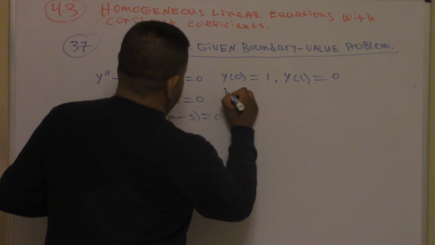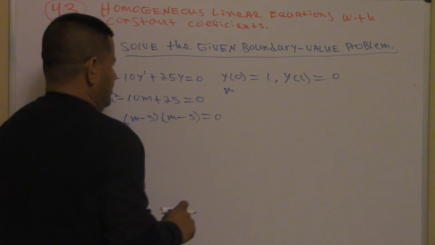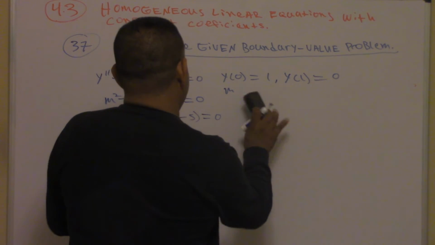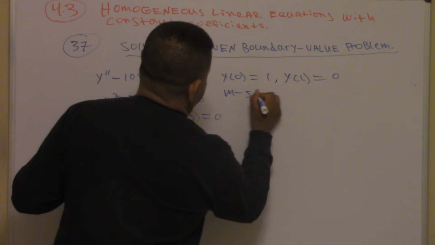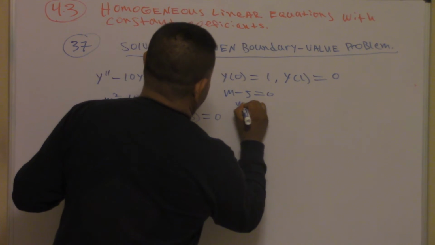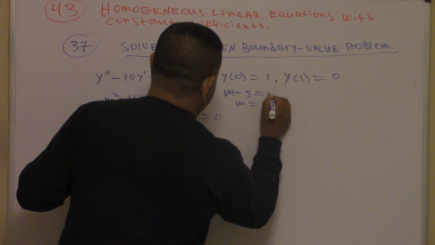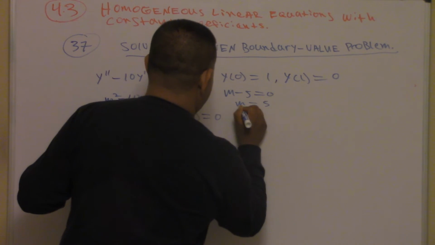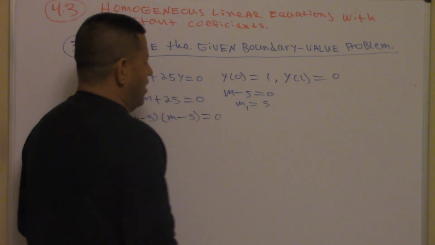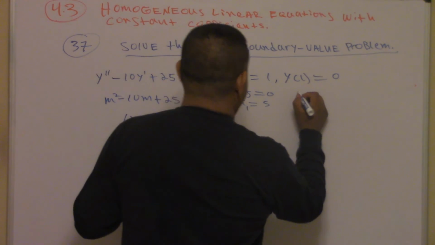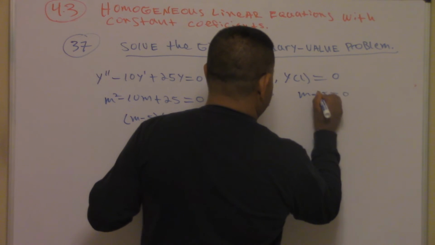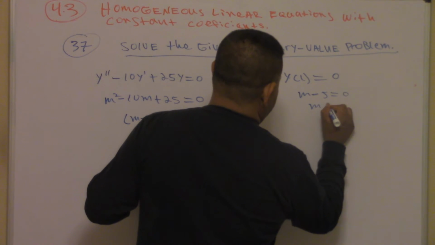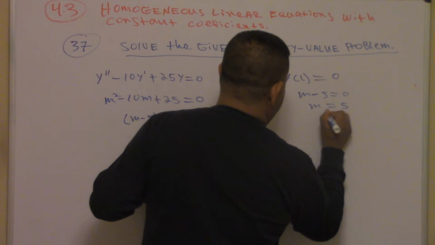We set m minus 5 equals 0, m is equal to 5, right? So you can call that m1. Then m minus 5 equals 0. So m is equal to 5.